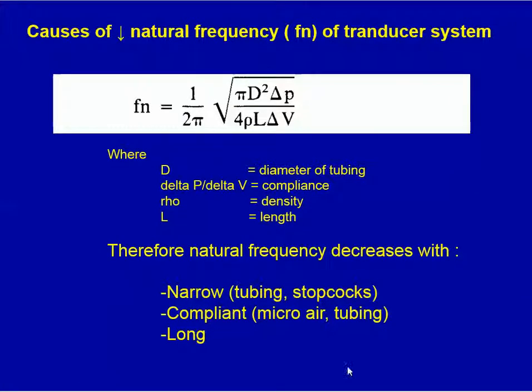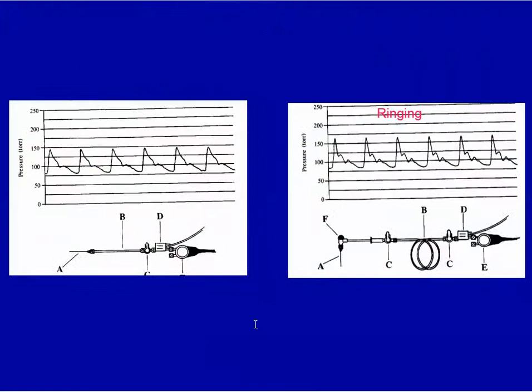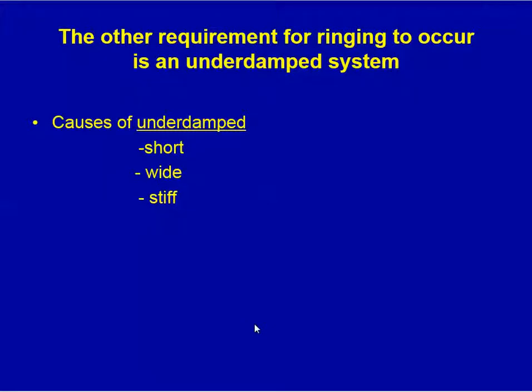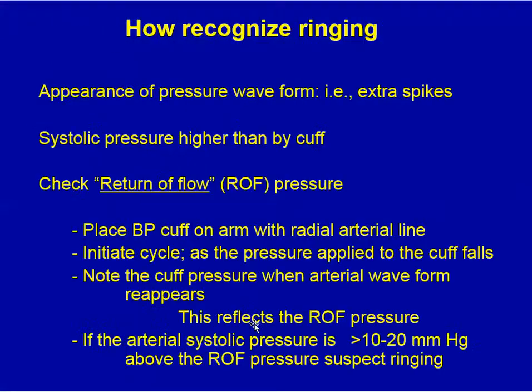Thus, things that will cause the natural frequency of the transducer system to deteriorate are long, narrow tubing and stopcocks, compliance due to micro air, and, as I've already mentioned, long tubing. The other requirement is that you have an underdamped system.